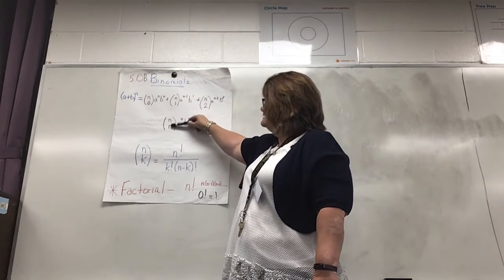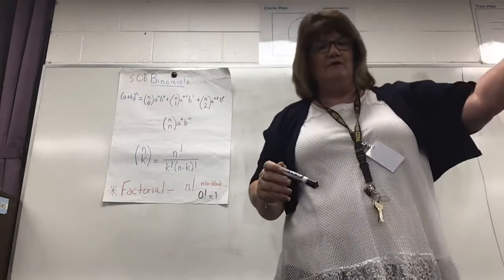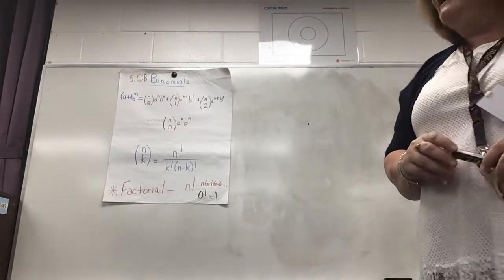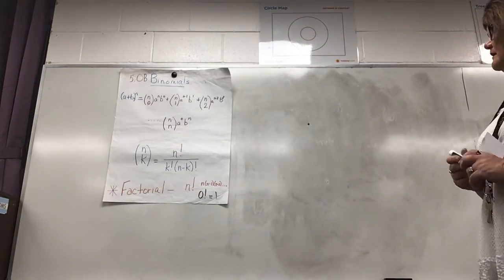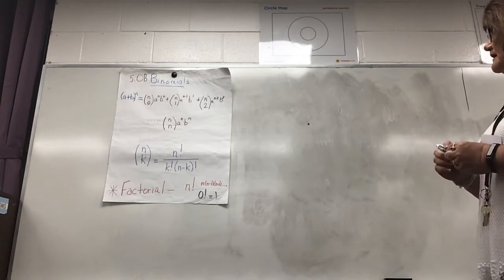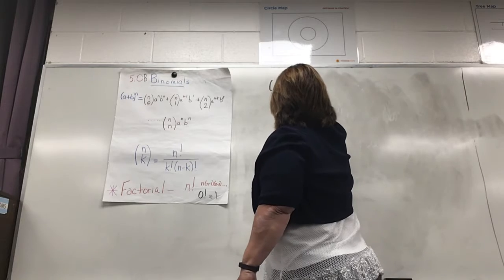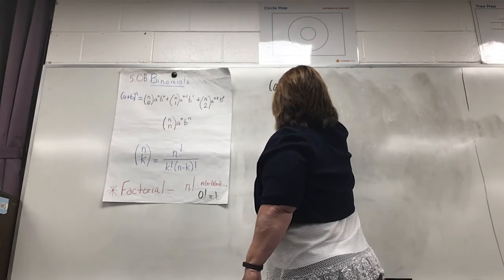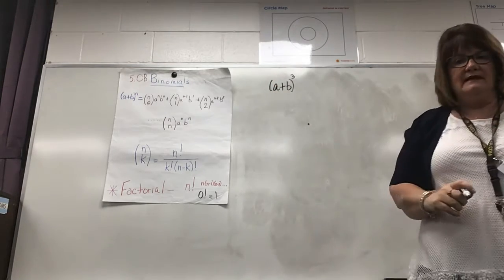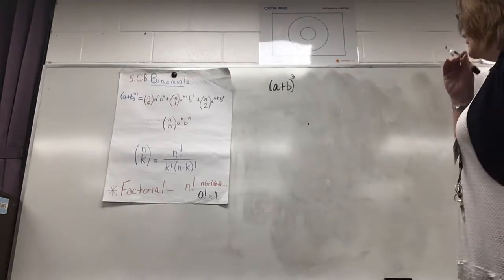So once the n's are the same and match, you know you've got the right amount of spots. And so we learned this last year. I'll kind of throw one up here for you to see. In fact, I'll just go ahead and do the a plus b to the 3rd because that one's really basic and you can see how it works.